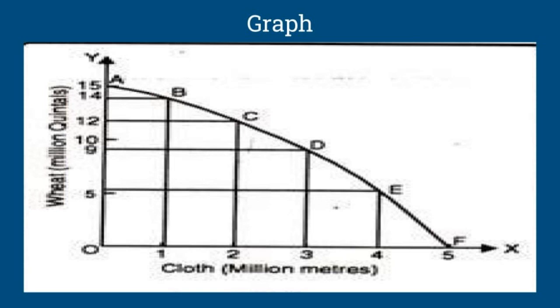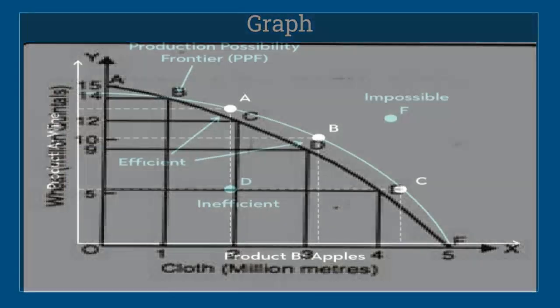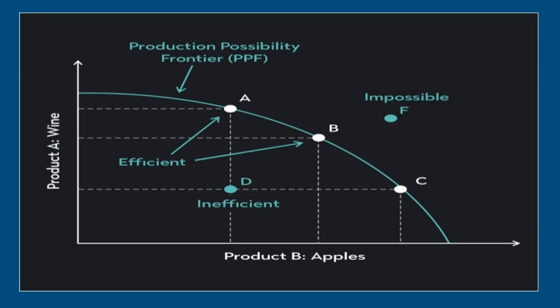So by joining these 6 points, we get a curve that is known as the production possibility curve, showing various production possibilities for two different goods with the help of given resources and given state of technology.